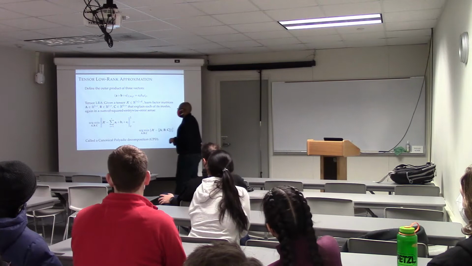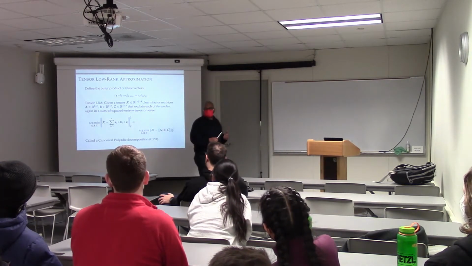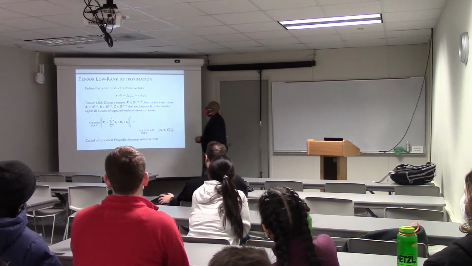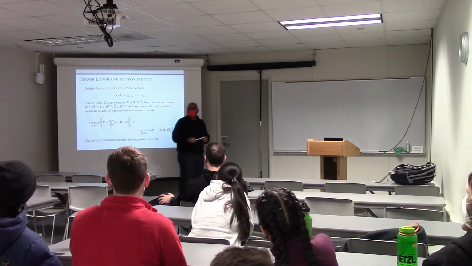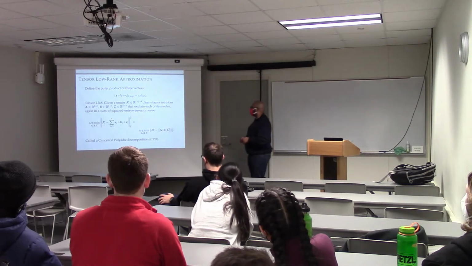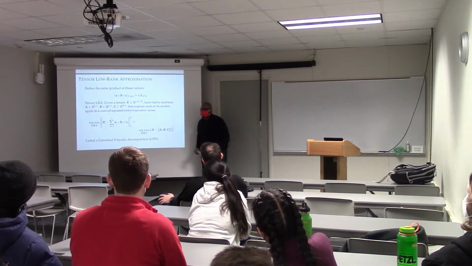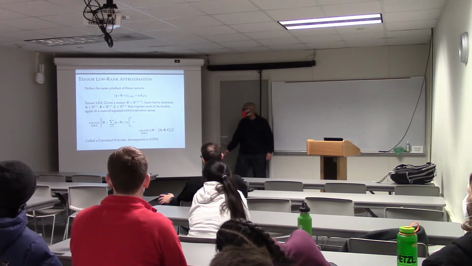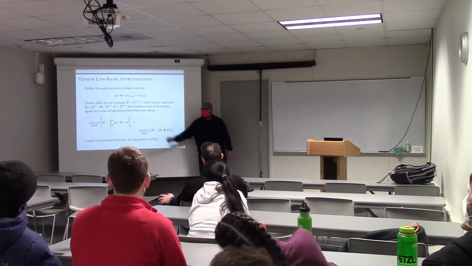And again, we can't hope to get an exact basis. So what we're going to do is find bases A, B, and C that minimize this sum of squared errors. So that's our Frobenius norm again. And we're going to write this sum of rank 1 outer products using this notation. Okay? So this is our rank R CPD approximation to X.